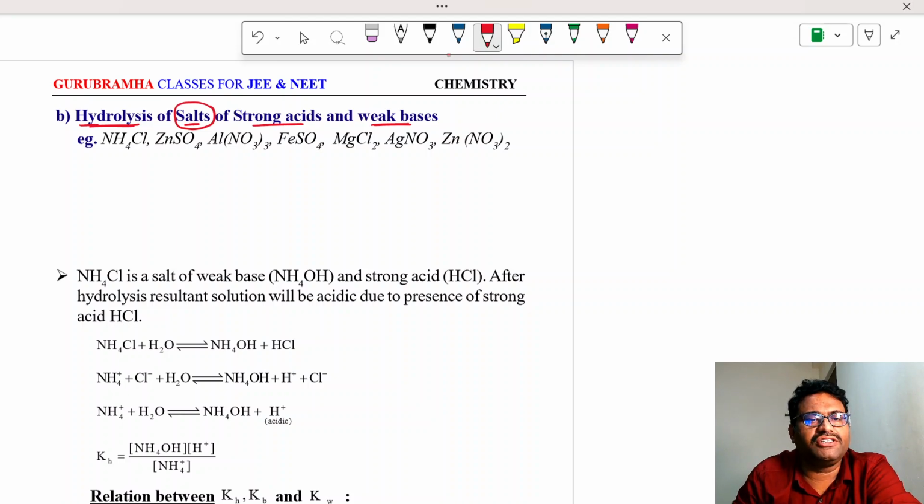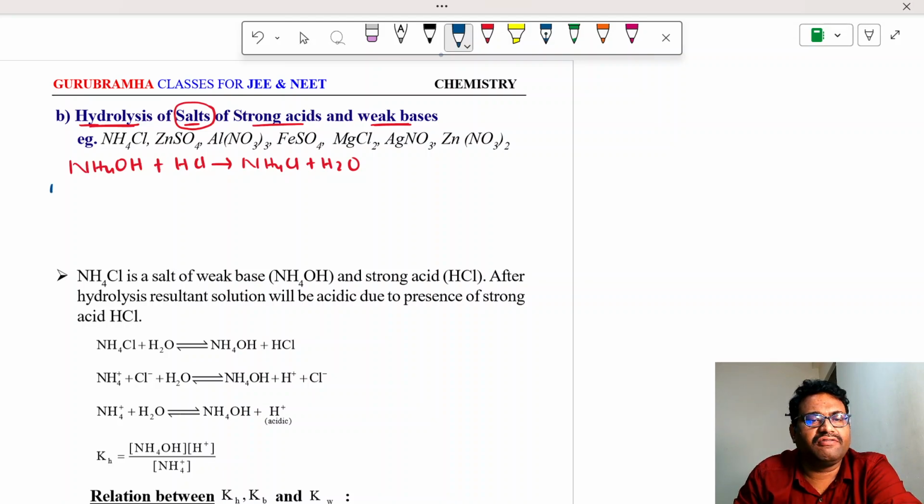If you consider this NH4Cl, it is formed from NH4OH and HCl, which gives you NH4Cl plus H2O. What is NH4OH?